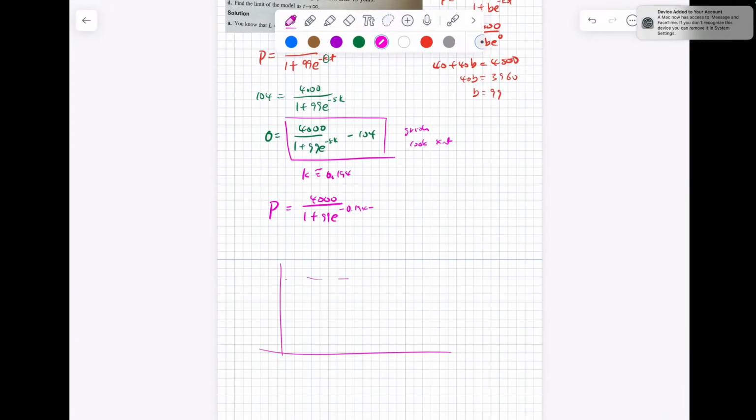This is a population equal to 4,000, and this is roughly 80. So the graph is going to go through 0, 40, follow the slope field, and reach the carrying capacity.